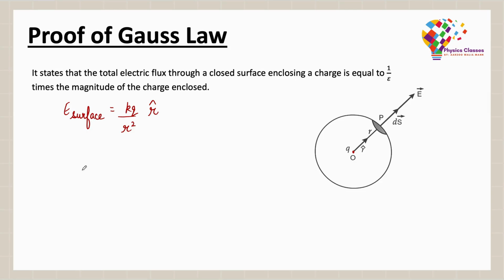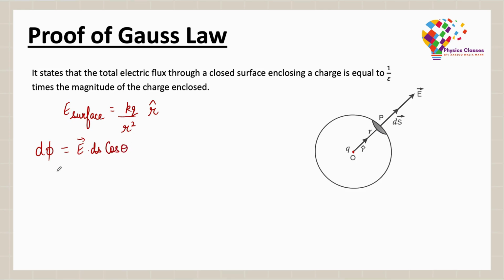Now as per the Gauss law, because we are trying to prove the Gauss law, we are trying to prove that the flux has to be equal to the charge enclosed divided by epsilon naught. In order to prove that, I have to first calculate the flux. I know that dφ would be equal to E · dS, or E dS cos θ.